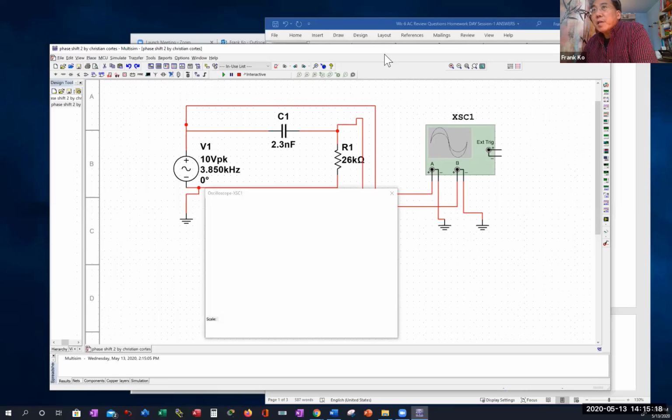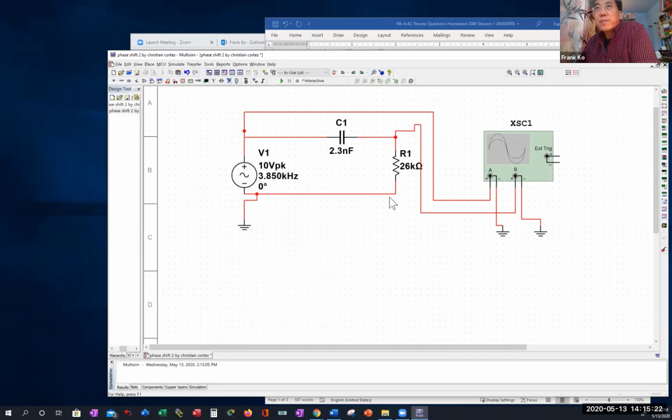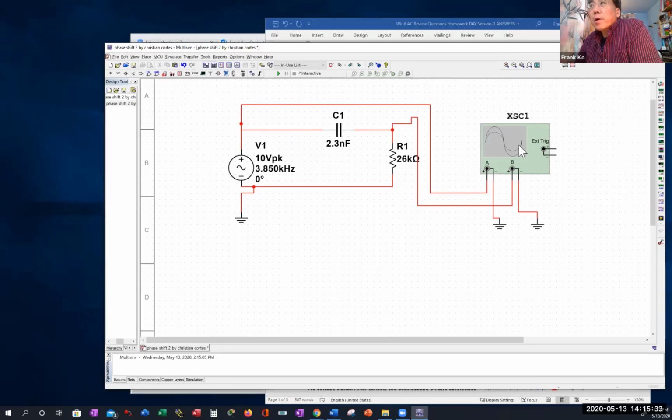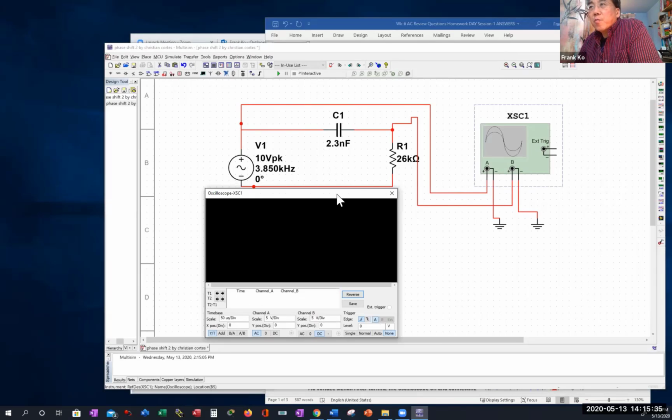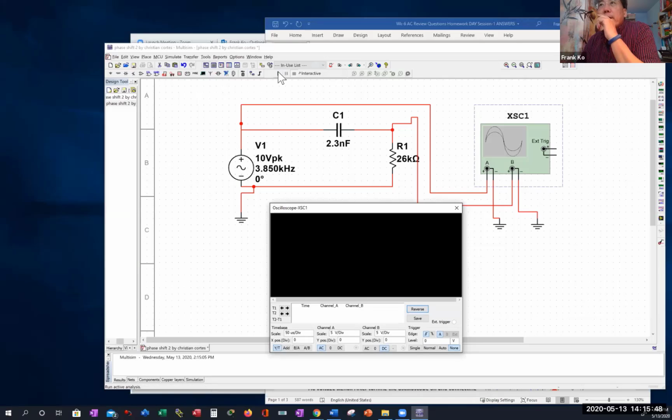Okay, can everybody see the phase shift circuit that we worked on earlier in this session on the screen? So we will go ahead, double click this. We see waveform. Well, we don't see waveform yet because we haven't activated the Multisim. Hit play.